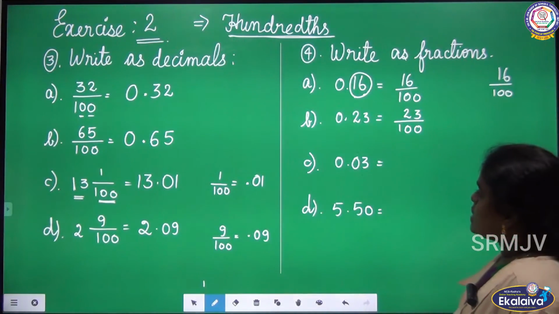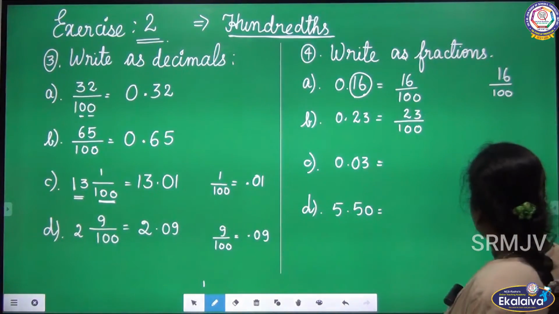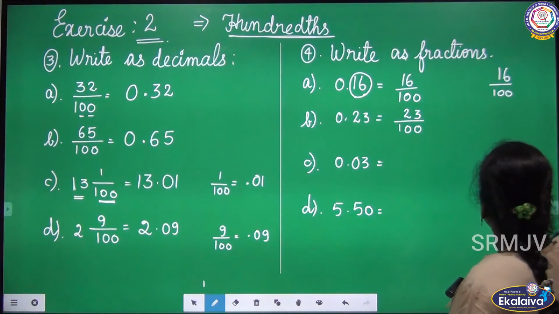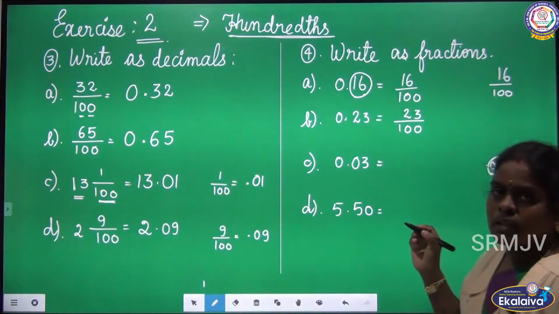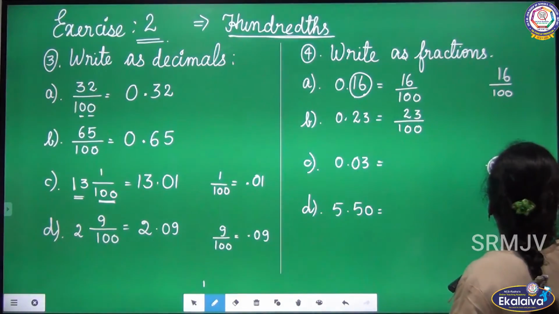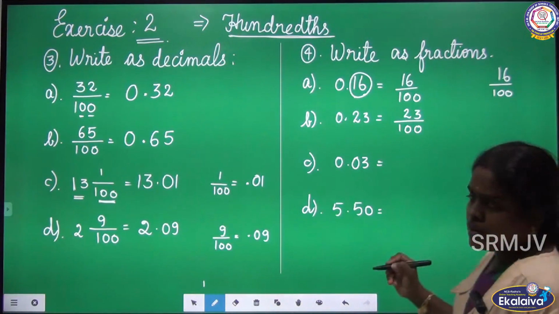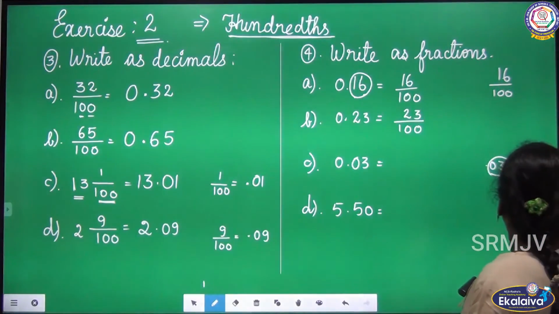In the next decimal, 0.03. Listen children, here we have 0.03. So we have to write the decimal part in the numerator. That is equal to 3 by, we have a dot before two digits, so the denominator is 100.